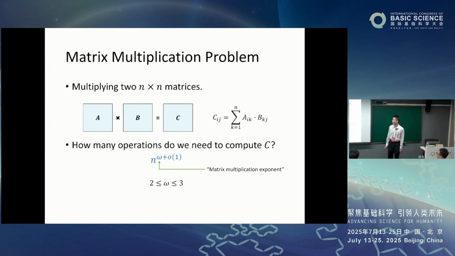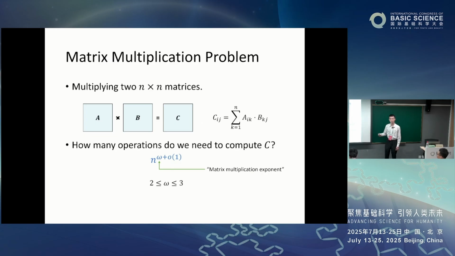Let's start by introducing the matrix multiplication problem itself. In this problem, we want to multiply 2 matrices of n by n, and we want to compute the product. The mathematical definition of matrix multiplication is written here, although it is very well known, and I believe I don't have to repeat it again.